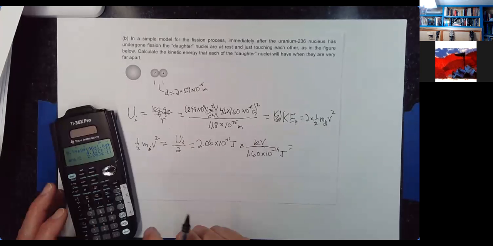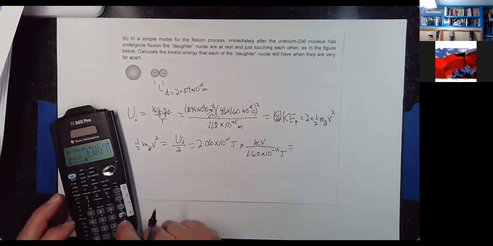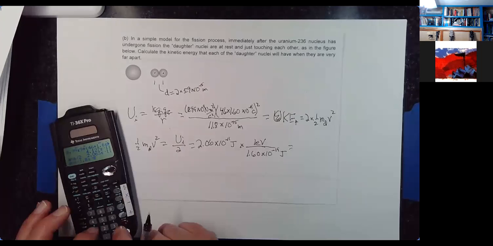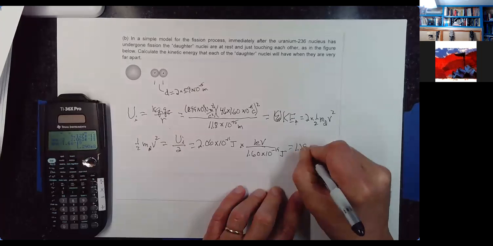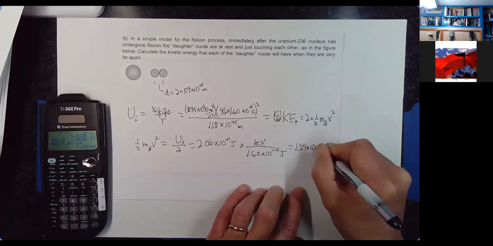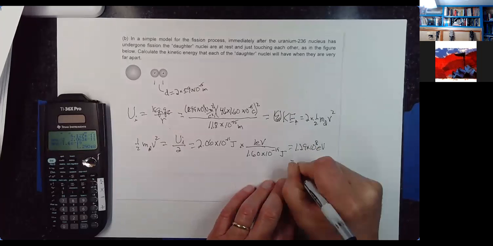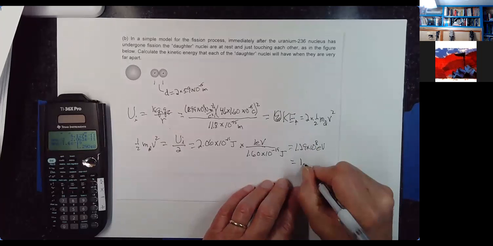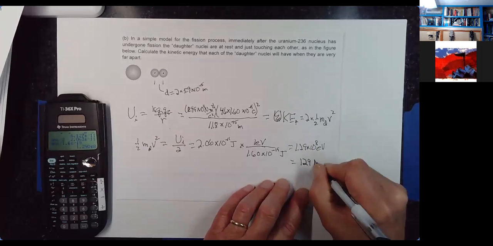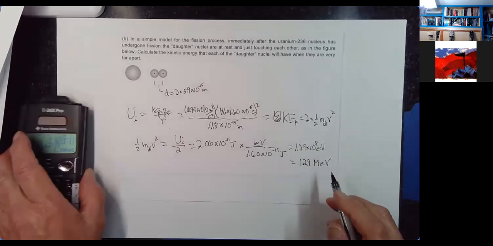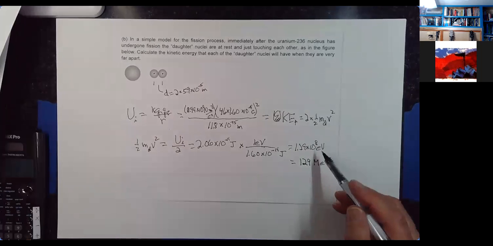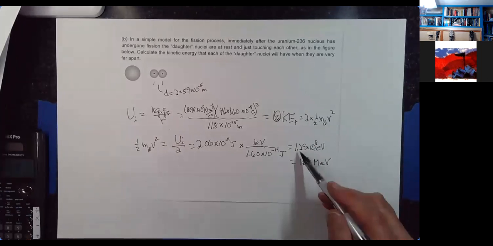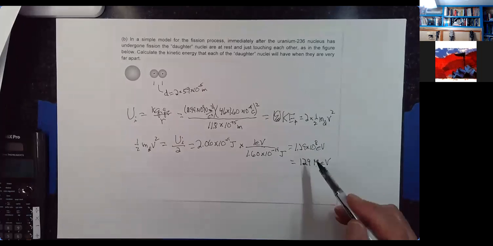And so I would get 1.29 times 10 to the 8th electron volts, which happens to be actually 129 mega electron volts. 10 to the 6th of that is going to be the capital M part, and the other 10 squared will convert it from 1.29 to 129.